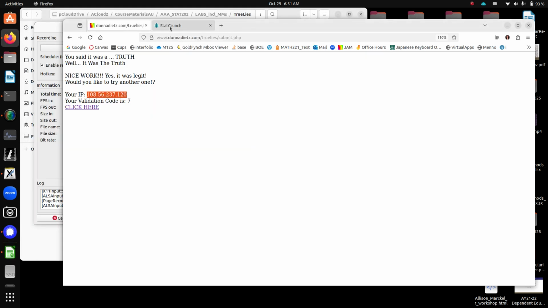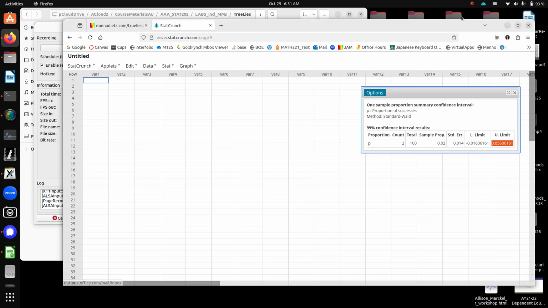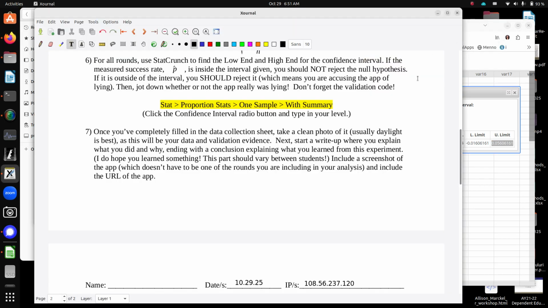Okay? And I think that's all I need to tell you. I guess just generally, once you've filled in the data, take a clean photo of it. And usually it's best if you take it at a bright window or outside so that you get a really clean photo. And then you can upload that as the data for your assignment.